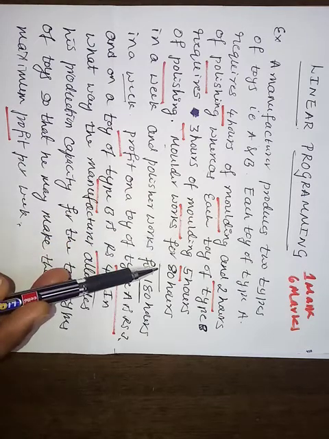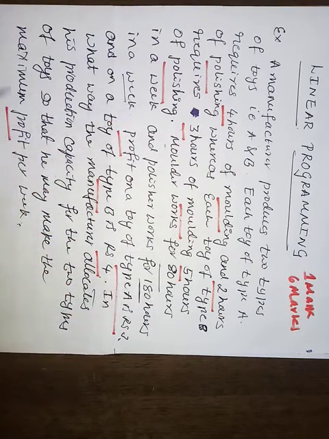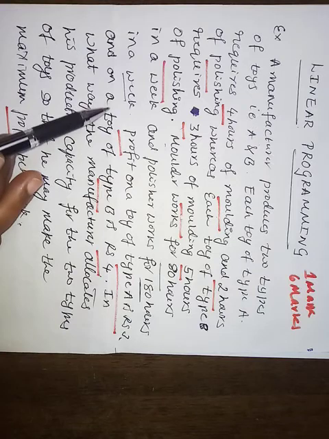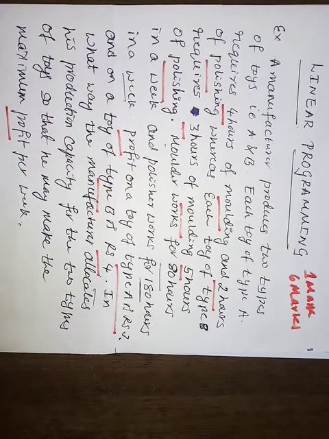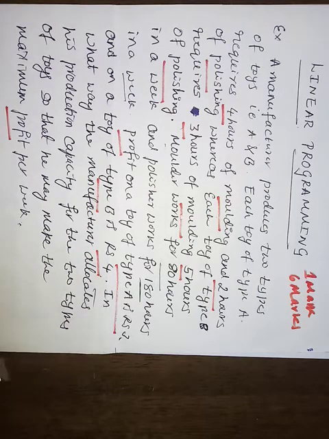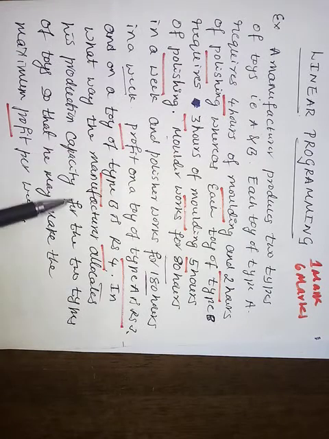The molder works for 80 hours in a week and the polisher works for 180 hours in a week. Profit on a toy of type A is rupees 3 and on a toy of type B is rupees 4. In what way should the manufacturer allocate his production capacity for the two types of toys so that he may make the maximum profit per week?